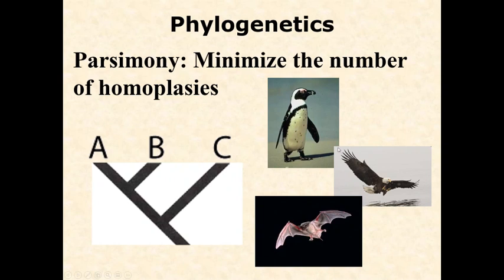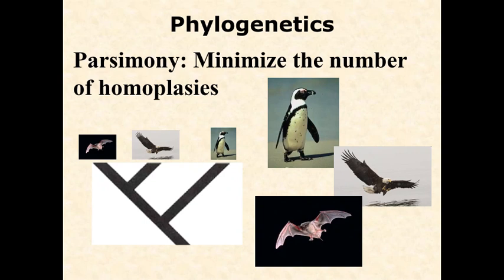So if we used that as a character, then we would tend to put the eagle and the bat together because they can both fly. And then along this branch somewhere, we'd mark, oh look, flight only originated one time after the penguin broke off from these two groups. The reason the eagle and the bat can both fly is because of their ancient ancestry evolving that ability to fly. We mark it once, boom, we're done.